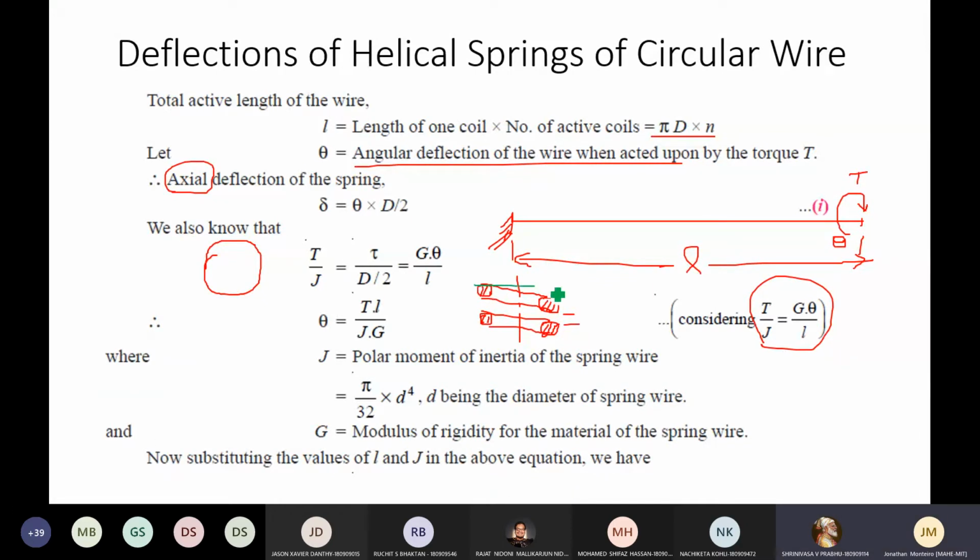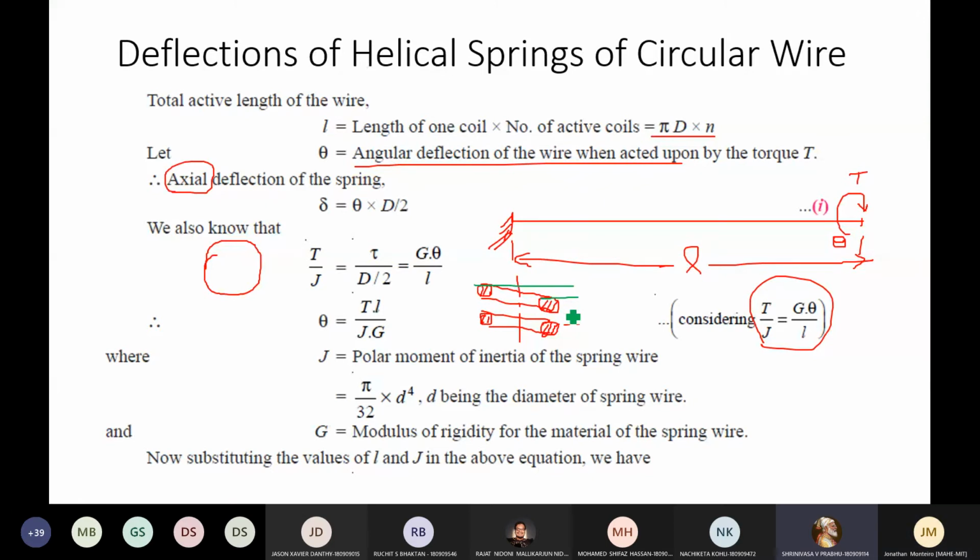You mean this one you're talking about? Yeah, that and the next circle, right? These lines from the centers, if we draw, that vertical distance is delta. And from the axis there is a slant distance, that is d by 2. Now this can be visualized as a right angle triangle.